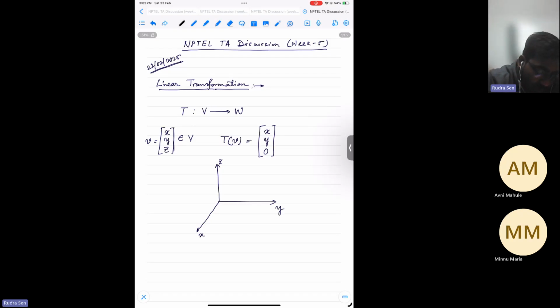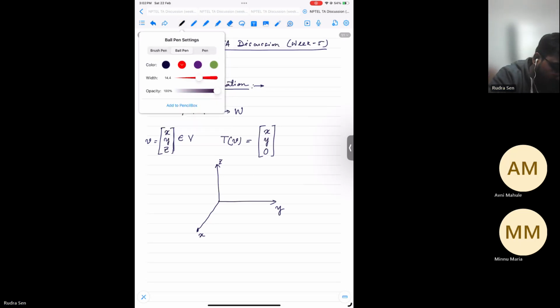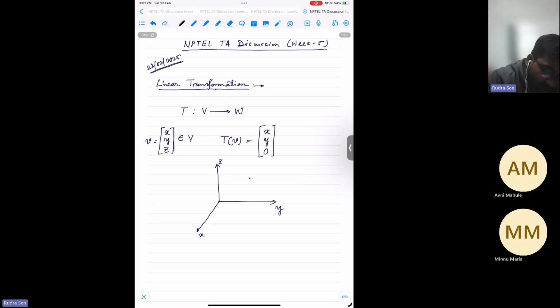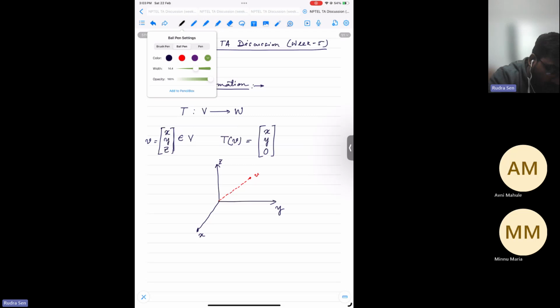Somewhere here the point exists, which I'm calling V. This is a vector which has x, y, and z terms, and it is projected on the xy plane.